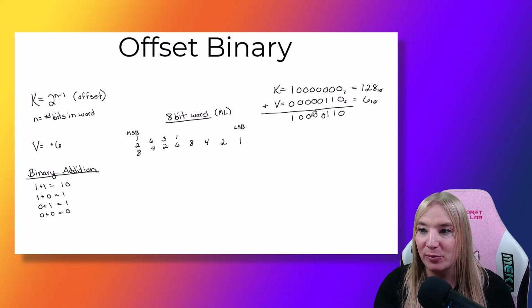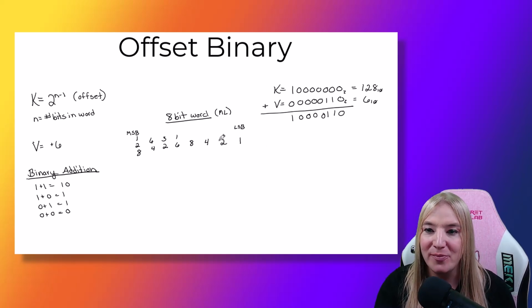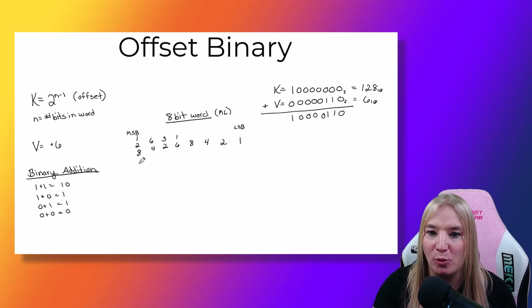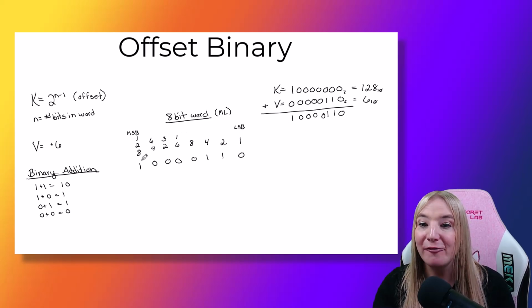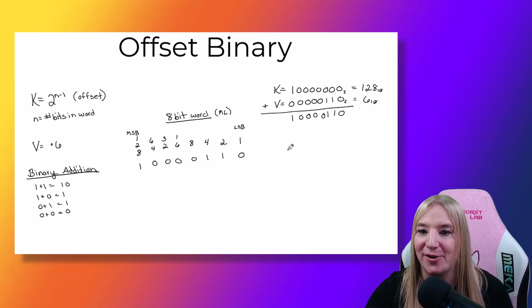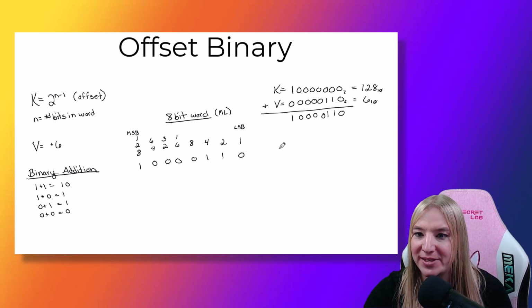Now what's happened here, and you may have noticed this, is if I put this number down here in our scale, 1, 0, so we have 0, 0, 0, 0, 1, 1, 0. I'll leave this up here. I'm just going to add these up. Let's convert this number to decimal. I'm going to add all the numbers that have a 1 underneath them.